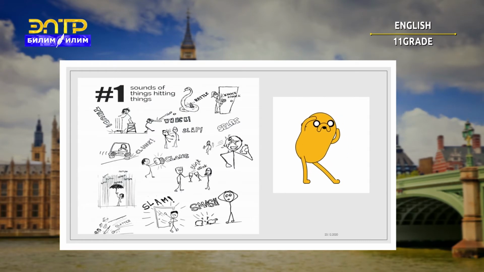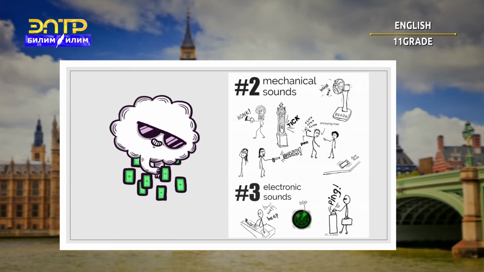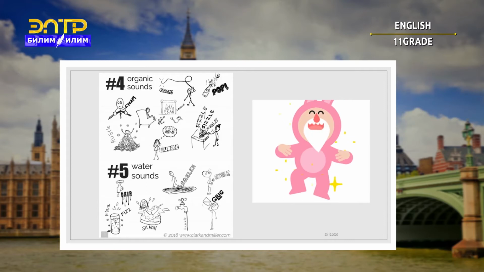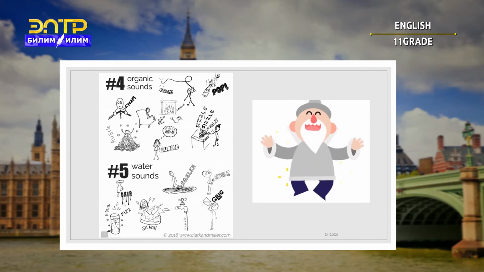So, examples of onomatopoeia, or sounds which are made in nature and imitated by humans: sounds of things hitting things, something like clank, clack, splat, etc. And mechanical sounds, something like bang, tick, or electronic sounds like bleep, beep, ping. Next is organic sounds, snap, crack, pop, or water sounds like shh, splash, fizz, etc.